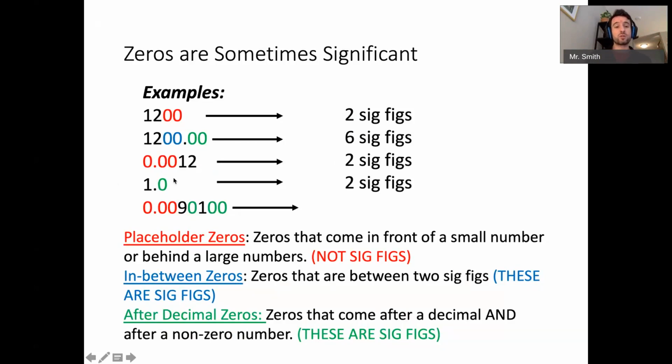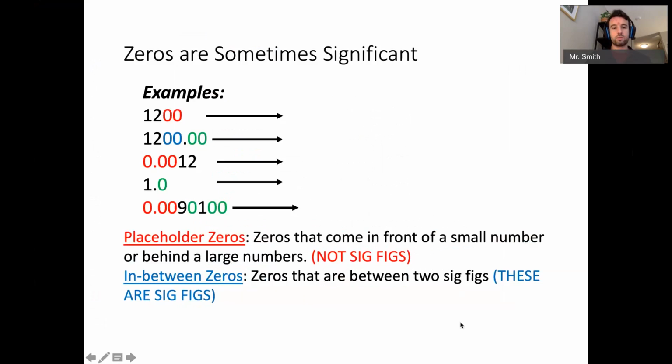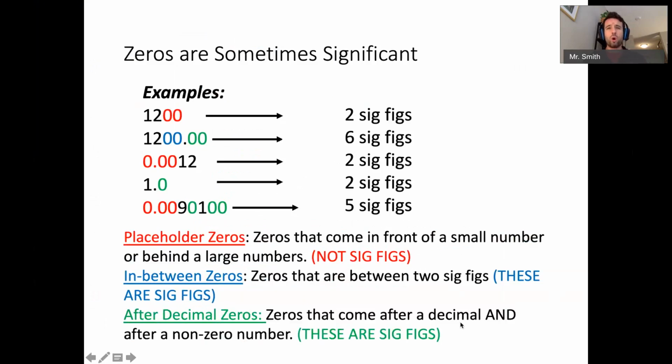Two sig figs, it comes after the decimal and after zero. Significant. So hopefully that makes sense.